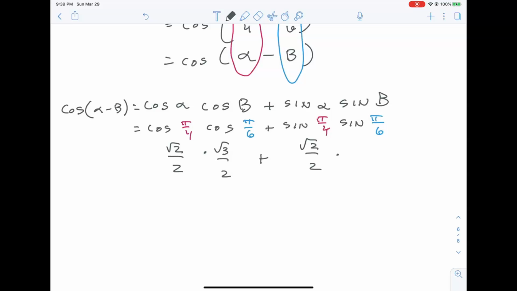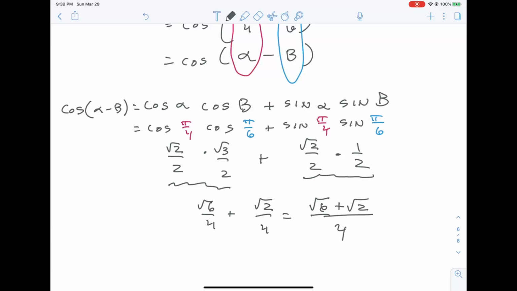And the sine of pi over 6 is a half. We've seen this before. When you multiply these two together, that's radical 6 over 4. Plus these two together, that's going to be radical 2 over 4. And that winds up being radical 6 plus radical 2 all over 4.